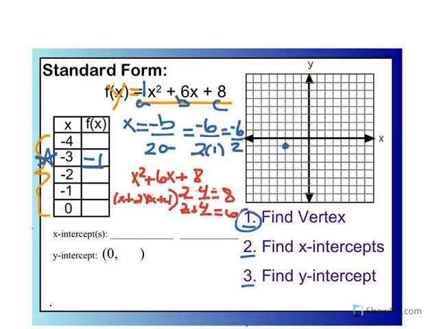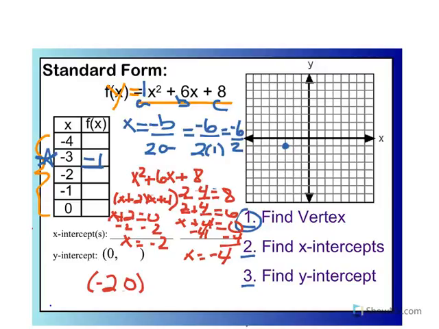We set each one of those equal to 0, and when we solve it, we will do minus 2 on both sides, and we'll end up with x equals negative 2. And then over here, we will subtract 4 from both sides, and we'll end up with x equals negative 4. So the 2 x-intercepts occur at negative 2, 0, and at negative 4, 0.